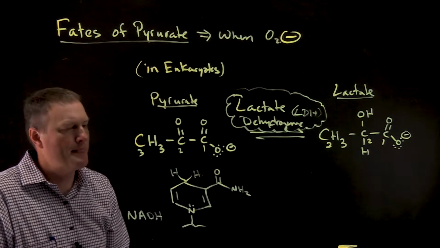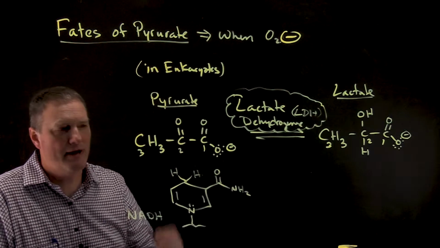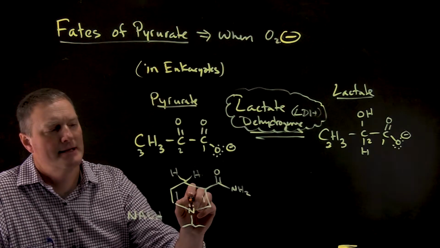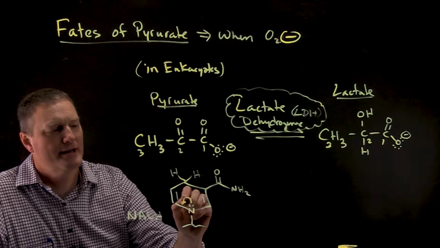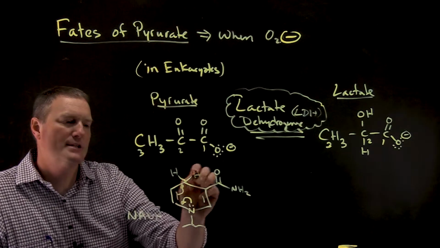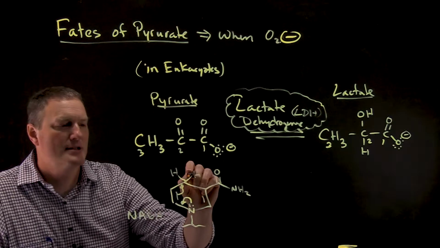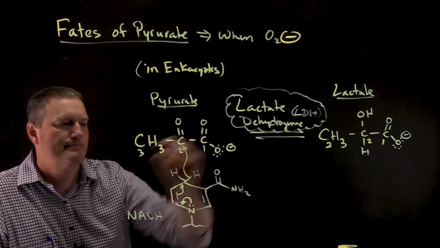And here's why. Once these two substrates bind to lactate dehydrogenase, the following reaction can be catalyzed. So the lone pair of electrons on nitrogen is going to sort of push around the ring. And what it's going to do, it's going to push off one of these hydrogens with its 2 electrons, like this.